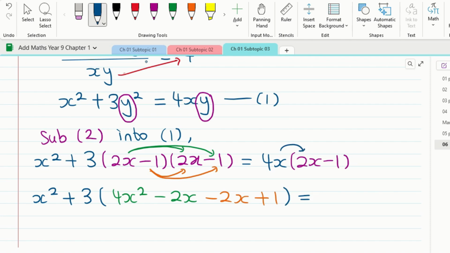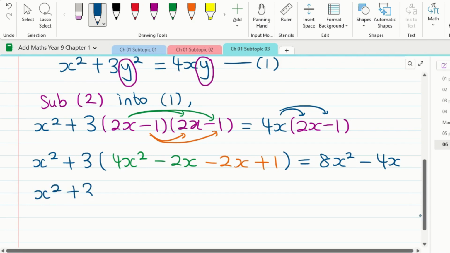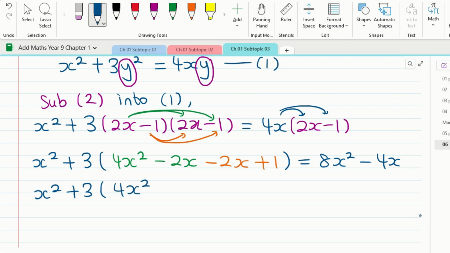Equals to the right hand side, so this one is 4x times 2x is 8x squared, 4x times -1 is minus 4x. Now I will not really expand this one first. Let's simplify minus 2x, which will give you minus 4x plus 1 equals to 8x squared minus 4x.